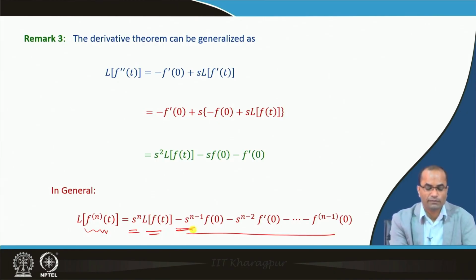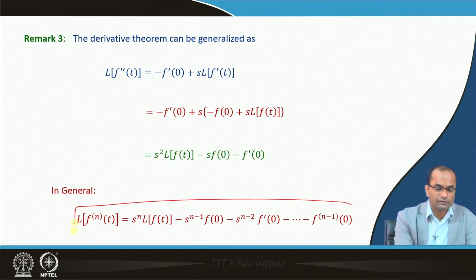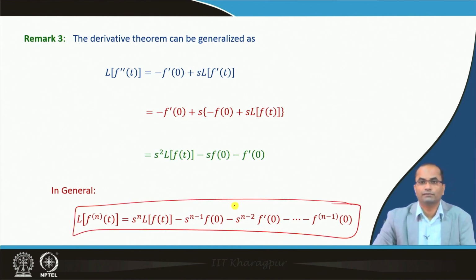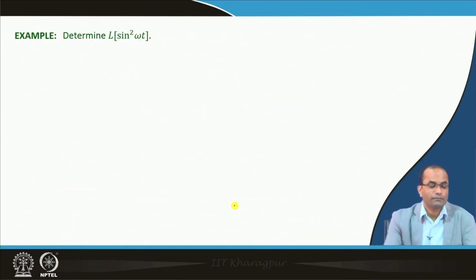So, we have s to the power n minus 1 times f 0, s to the power n minus 2 times f prime 0. Here the derivative order keeps increasing and the power of s keeps decreasing. So, this is a very general result, where we can deal with the second derivative, third derivative, or any order derivative of the function.